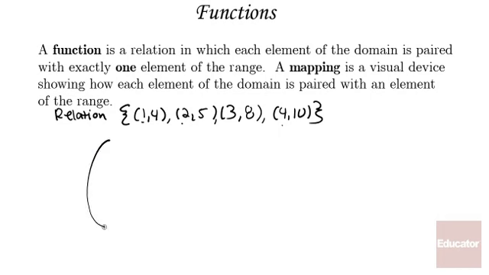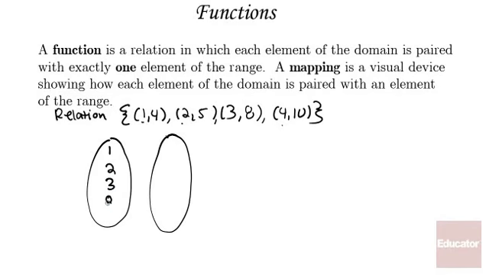So a map would look something like this. Over here I'm going to put the elements of the domain, 1, 2, 3, and 8. Over here, the elements of the range, 4, 5, 8, and 10. And then using arrows, I'm going to show the relationship between the two.